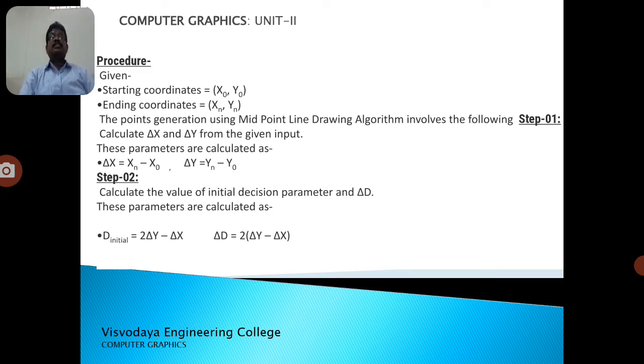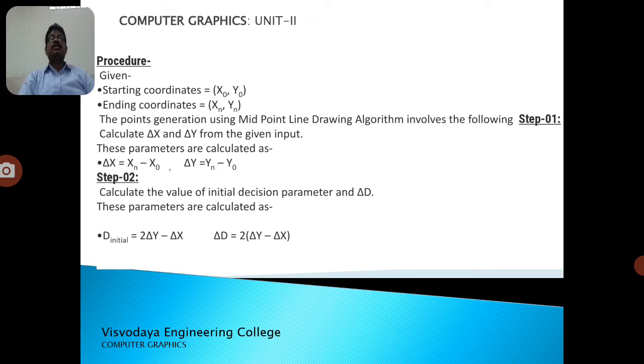Now coming to the procedure. I already explained the two important concepts taken in this procedure before implementation. The first one is that the starting and ending coordinates are taken, and the next one is that we find the number of coordinates in between them.